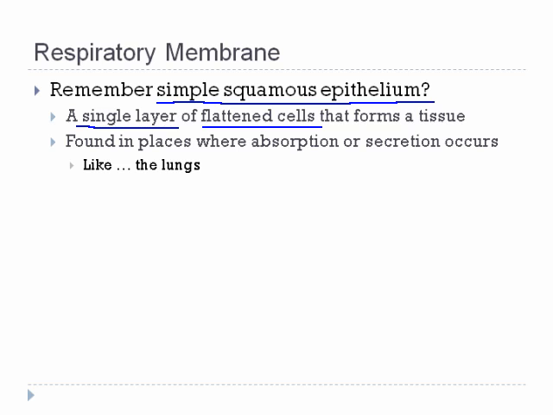And now that we're studying the lungs, we're seeing that this simple squamous epithelium that lines the lung is there so that we have the smallest distance for oxygen and carbon dioxide to diffuse. It makes it as easy as possible to get gases into and out of the body.